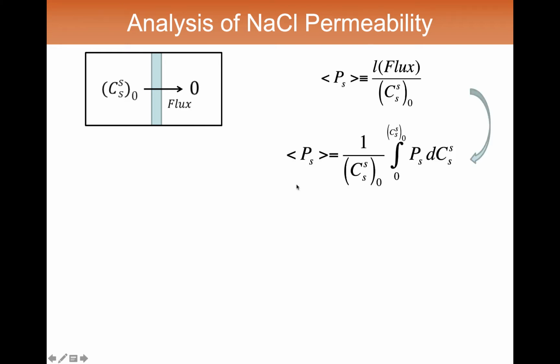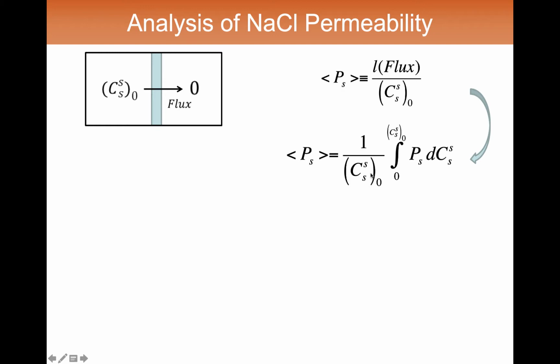You can work through the mathematics, and this average permeability in this particular experiment is just the integral average of the local permeability coefficient over the entire range of salt concentrations experienced in that membrane, going all the way from the downstream side at 0 to the upstream side at the concentration of salt in the external solution.